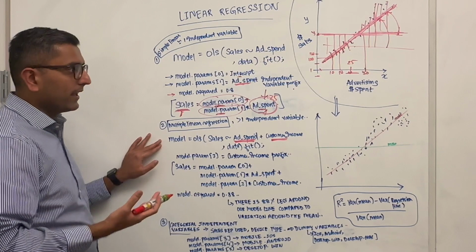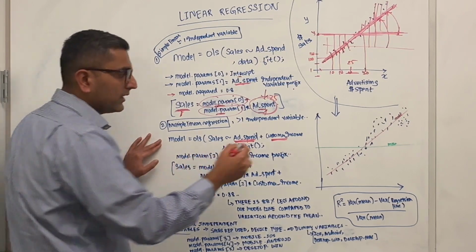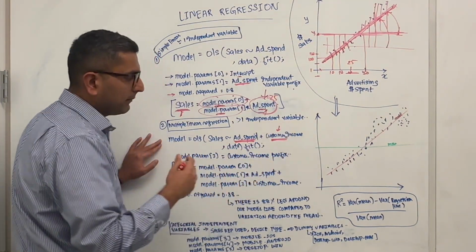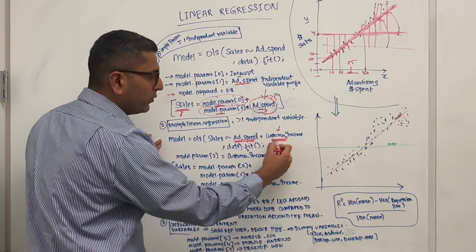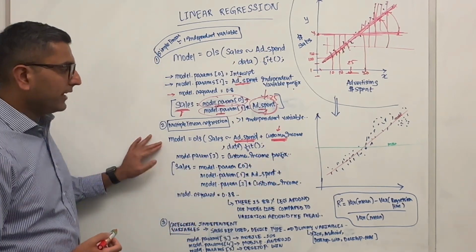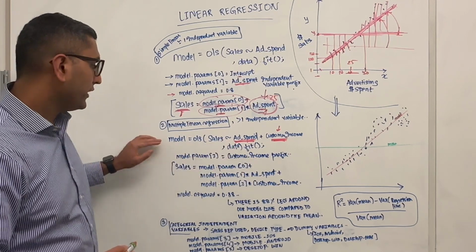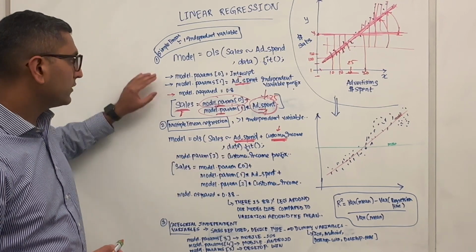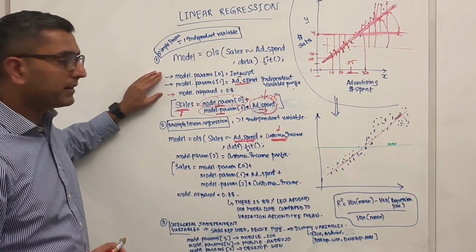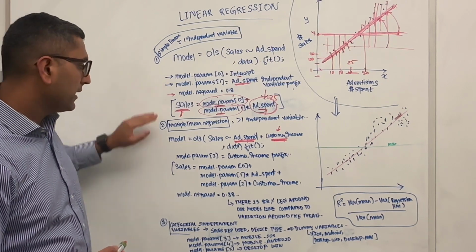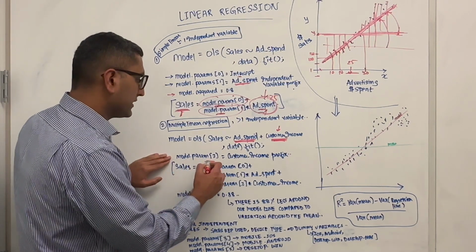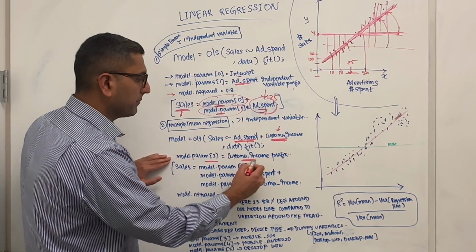So now you have two independent variables, and you can do the same thing. You give it the data points and do a fit, and you'll get the previous parameters, your intercept and your ad spend, but you'll also get another parameter, which is the coefficient for your customer income.